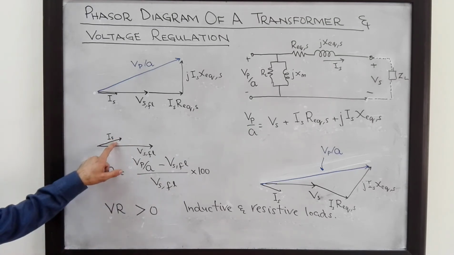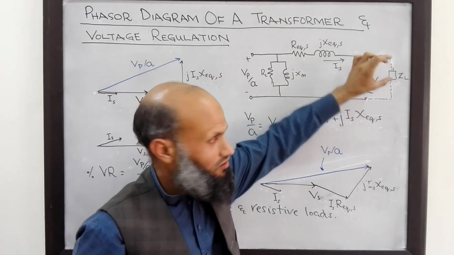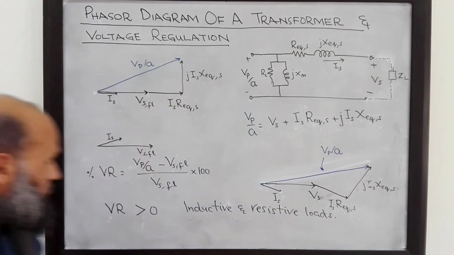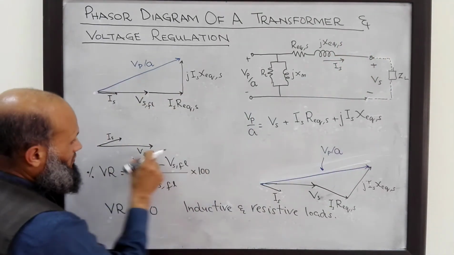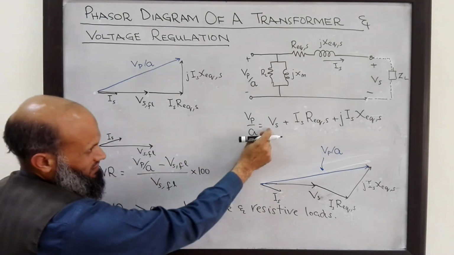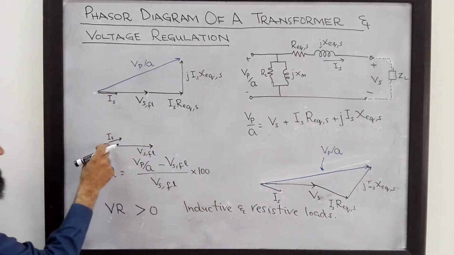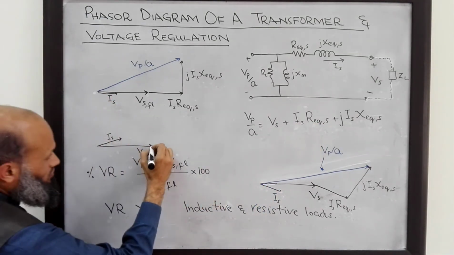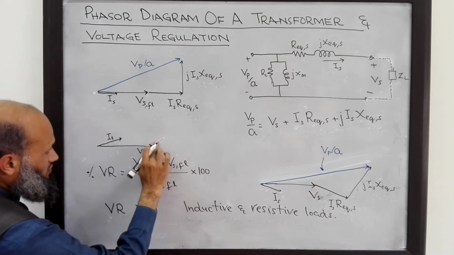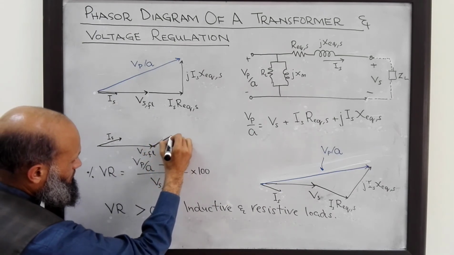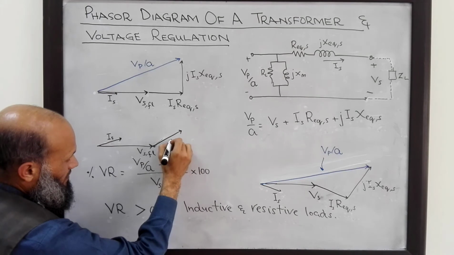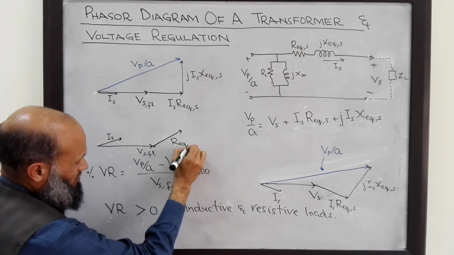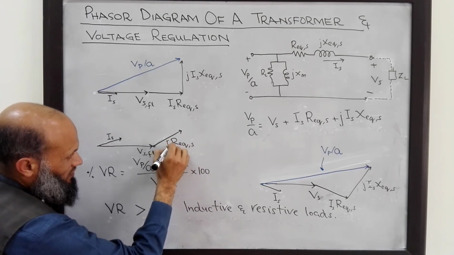This current through this load will lead the voltage across the load. So here is the phasor for Vs. The phasor for this one will be in phase with this one. So here is the phasor for R equivalent referred to the secondary side multiplied by Is.